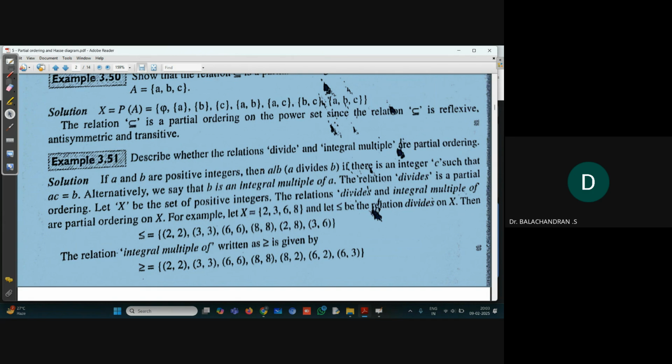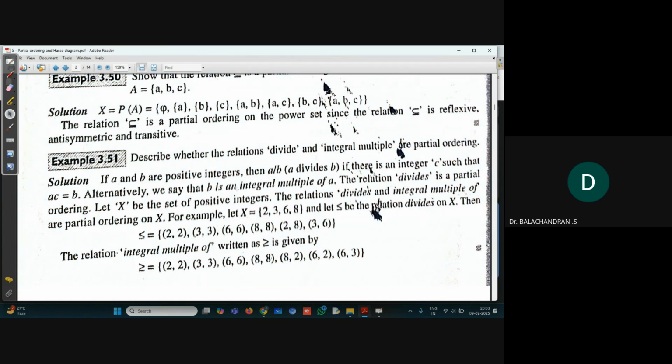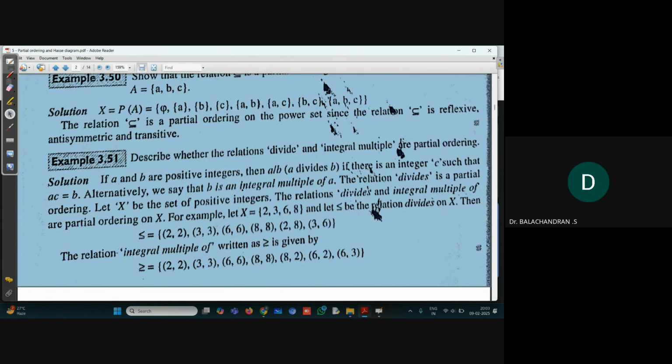For antisymmetry, whenever A divides B and B divides A, you can say what? A equal to B. And then for transitive, A divides B and B divides C, then you can say what? A divides C. So next, integral multiple.